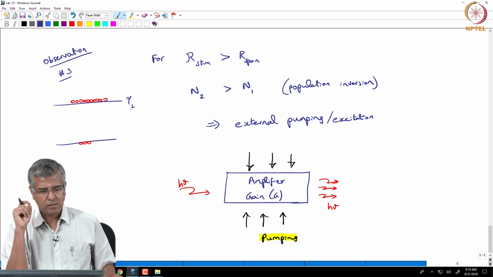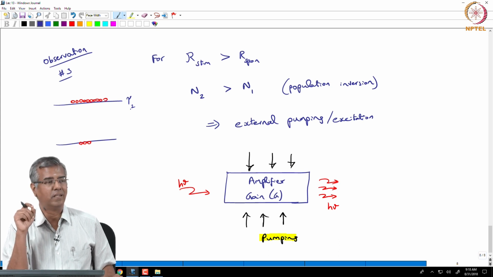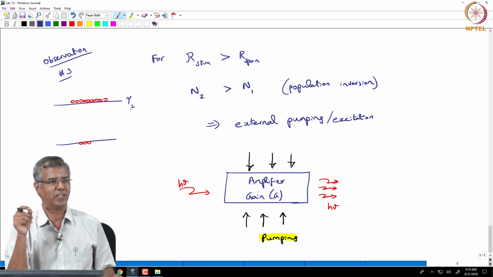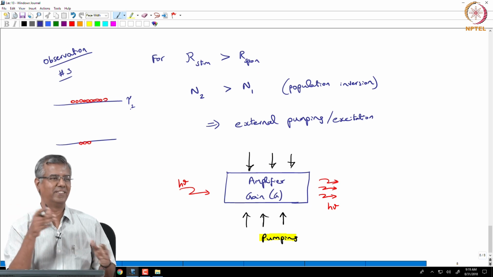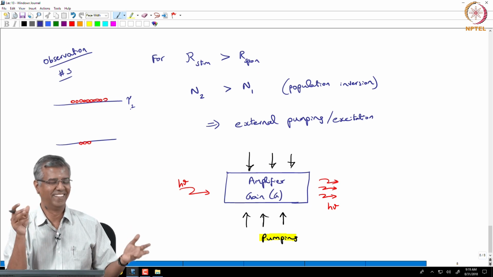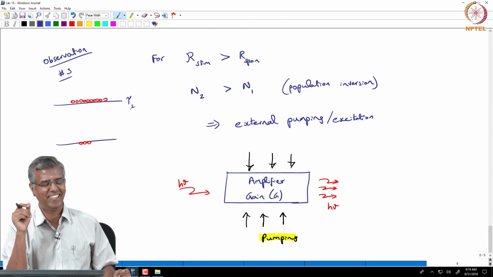And it so happens that rare earth ions specifically, like erbium, ytterbium, praseodymium, neodymium, terbium, right, all these rare earth ions. Rare earth ions means what? Why do they call it rare earth? You rarely find them in nature, right.